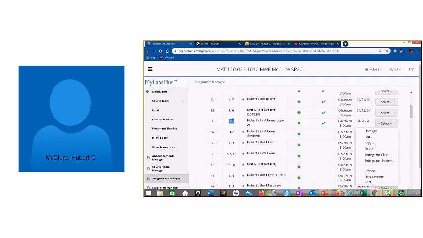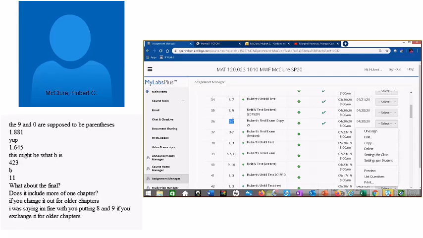I don't know if you see it or not. I was saying I'm fine with you putting 8 and 9 in it if you exchange it for older chapters. No, Miss Carver, that ain't the way it works. I know what you're saying. You want to go over fresh material. No, I'm going to go over 3 through 7. So, and I'll look, see how many's on there for you if you want me to.